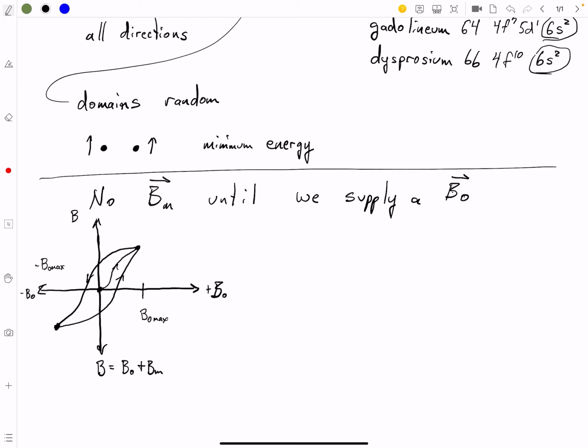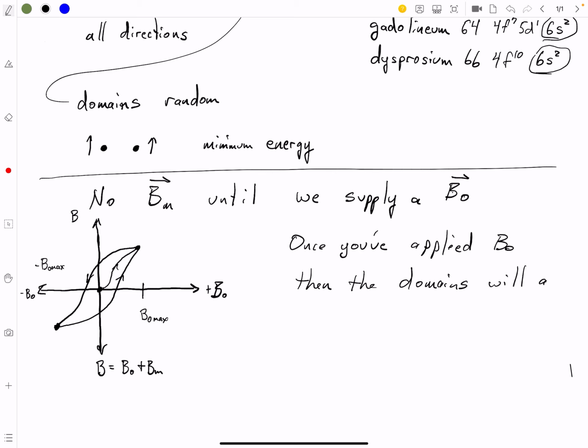And this is because once you've applied B naught, then the domains will all tend to align with each other a little bit, right?